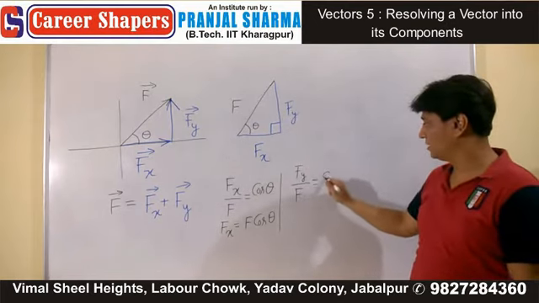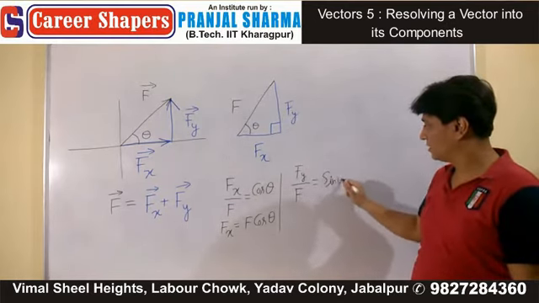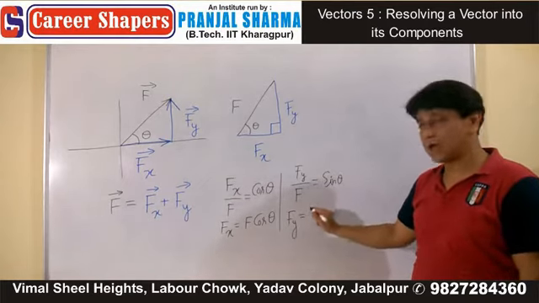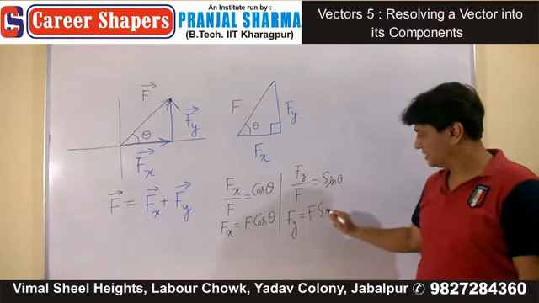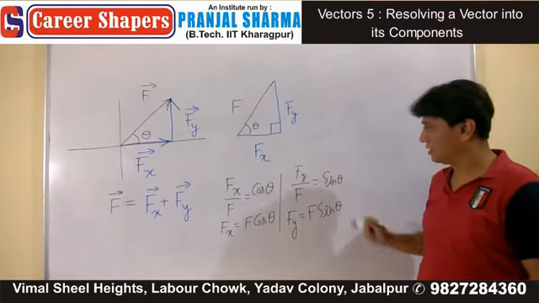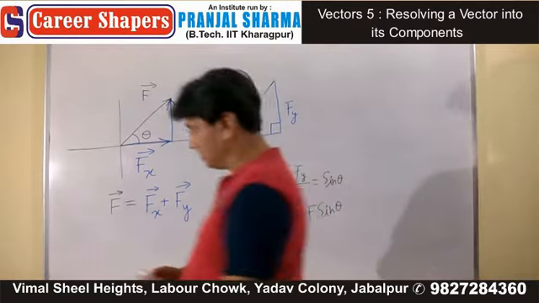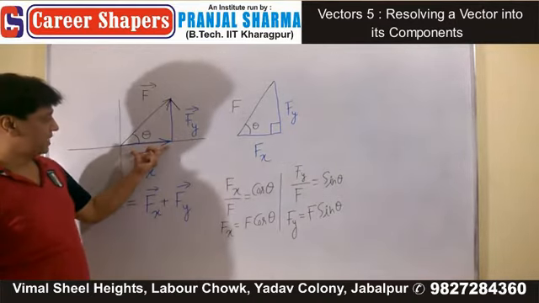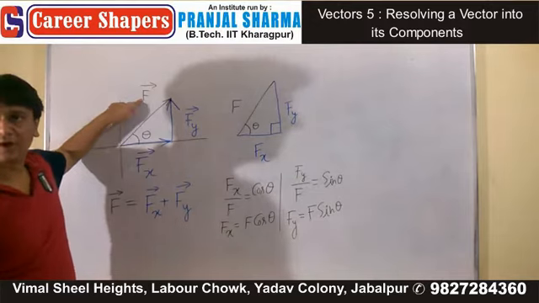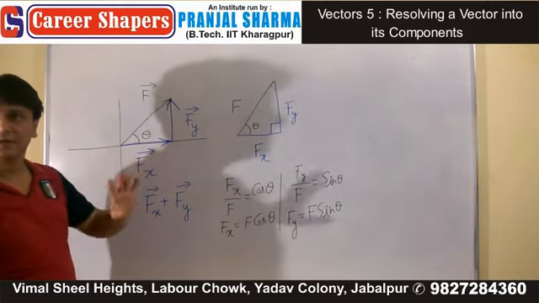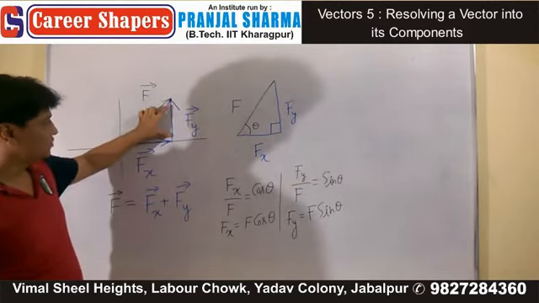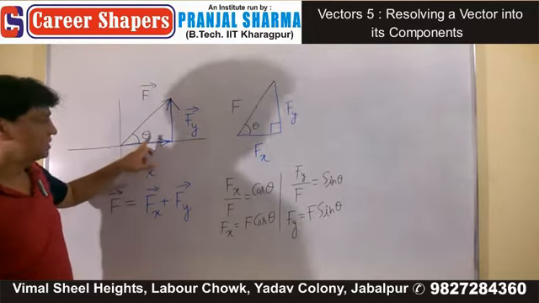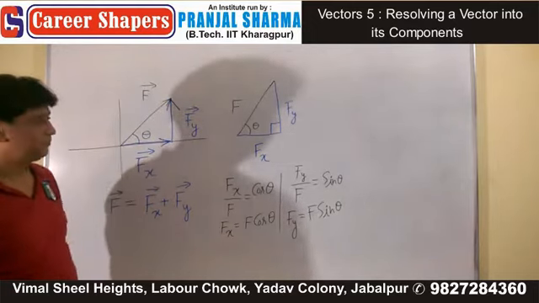Sin theta. That gives us Fy as F sin theta, which means we can find the magnitude of this vector in terms of F and theta. Similarly, the magnitude of this vector in terms of the magnitude of this vector and theta.